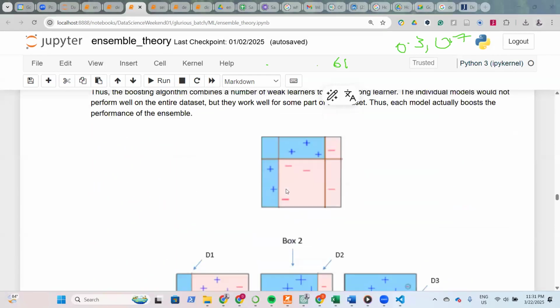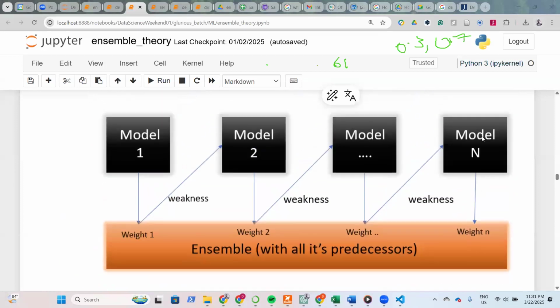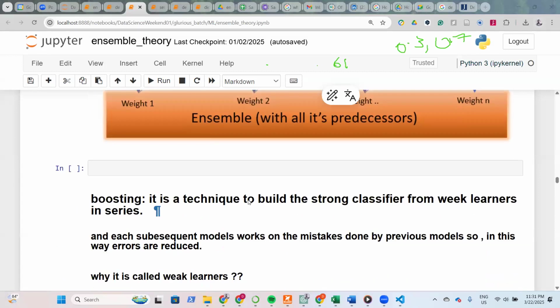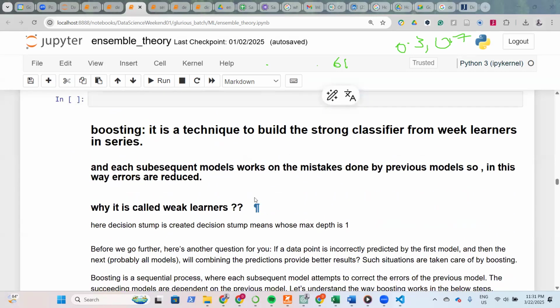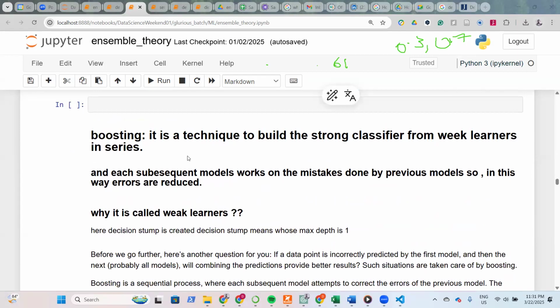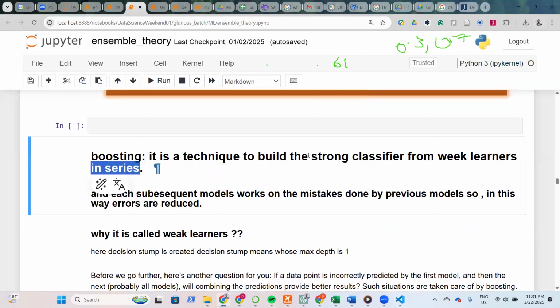See, let me come up and show you. And definitely it's going to always be the last model. Let me show you a statement I made up here. It is a technique to build a strong classifier from weak learners. So you build a strong classifier from weak learners.